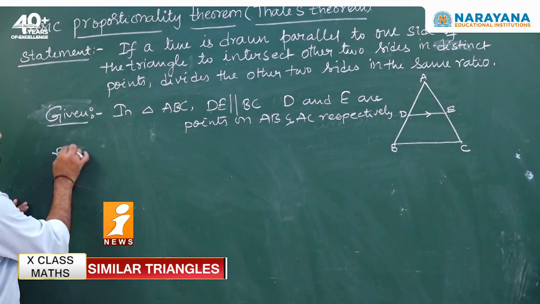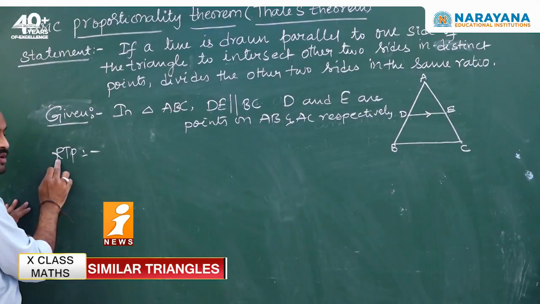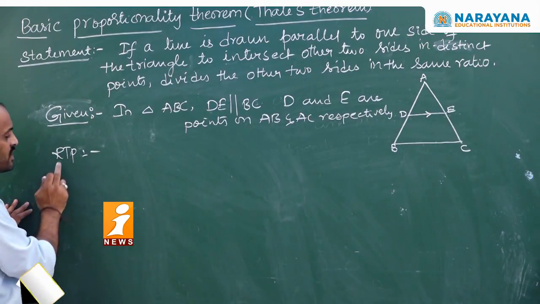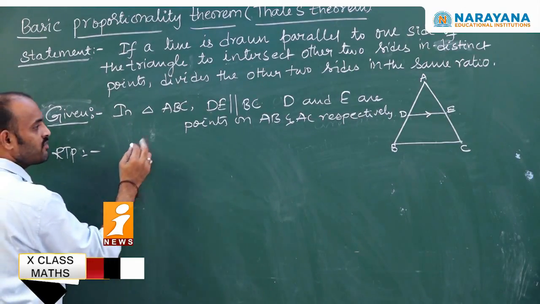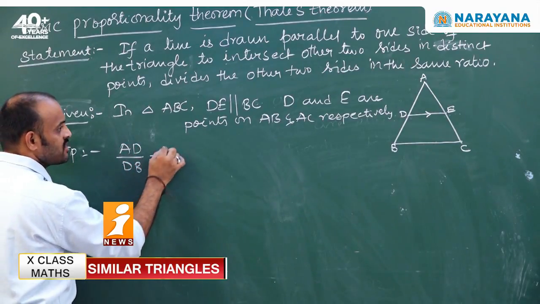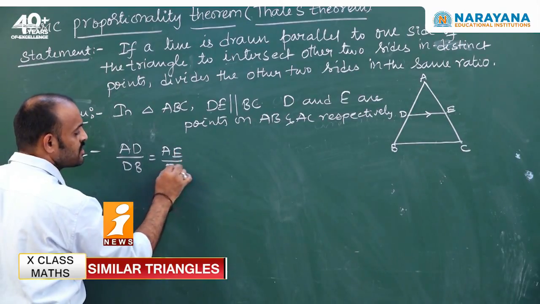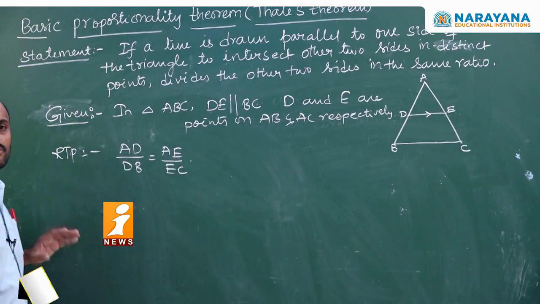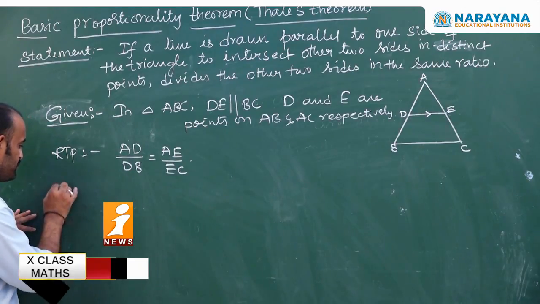So what is RTP? RTP means required to prove. What we have to prove here? AD by DB is equals to AE by EC. This is to be proved. Let's see the proof.